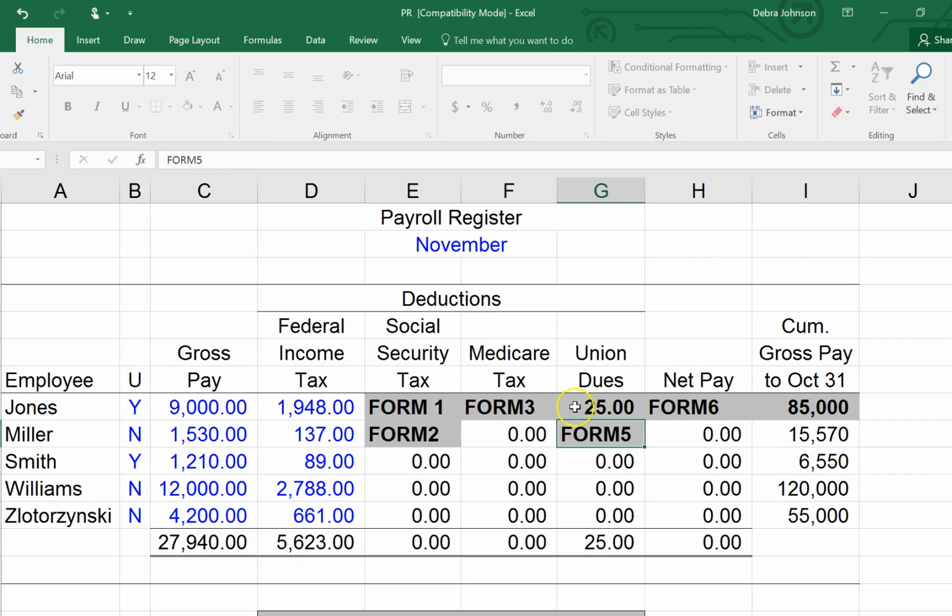And when we enter that, you'll see that $25 is the correct amount charged. So one more time, look at the formula bar. If B13 was found to be a Y, then the number 25 was placed in the cell. Otherwise, the number 0 would be placed in the cell.